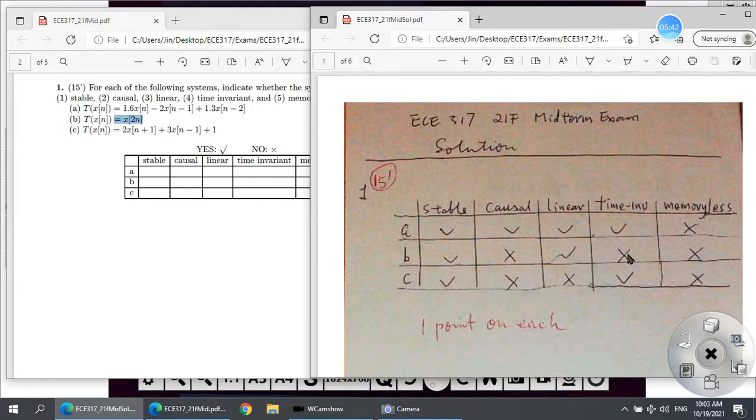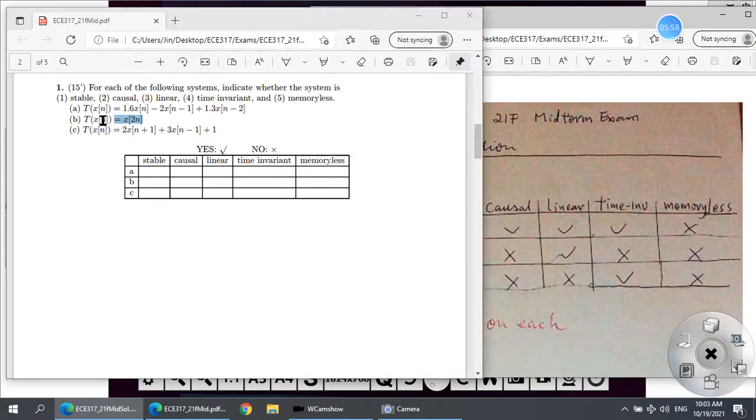And time invariant, no. Time invariant means if the input is shifted by a certain time, like a delay, then the output will shift by the same time interval. But now the input is n and the output is 2n, the double. So if the input is shifted by a certain time, the output is shifted by double or half, only half, because of the times 2.